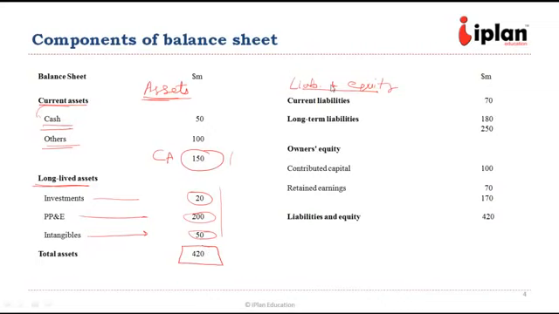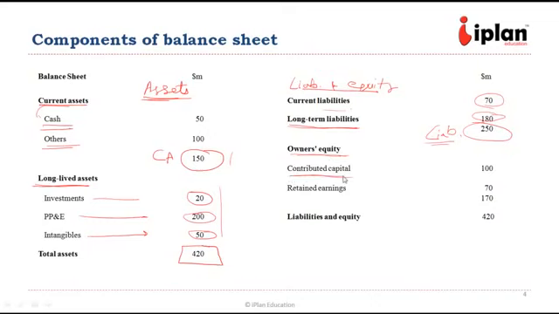If you look at the right hand side, there are current liabilities which are given to be 70. So these could be account payables, etc. Then there are long-term liabilities, the bonds which company had issued, and this is the summation of liabilities. This is total liability. Then we look at the equity, owner's equity.